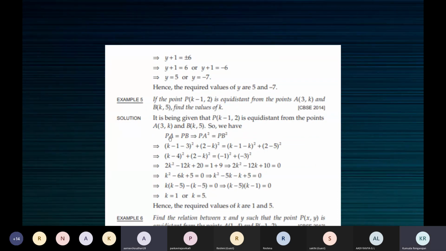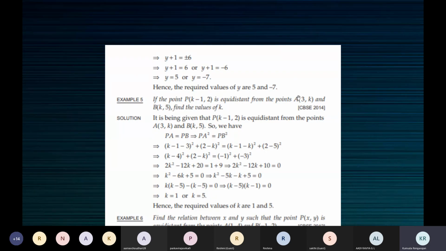Okay, so fine. We understand PA is equal to PB? Yes, ma'am. Then how do I write PA square is equal to PB square? By squaring both the sides. Is that fine? Yes, ma'am. Now PA square, like that AB square there, is the distance between P and A. This is the x coordinate of P, K minus 1, and 3 is the x coordinate of A. The difference between them should be squared according to the formula.